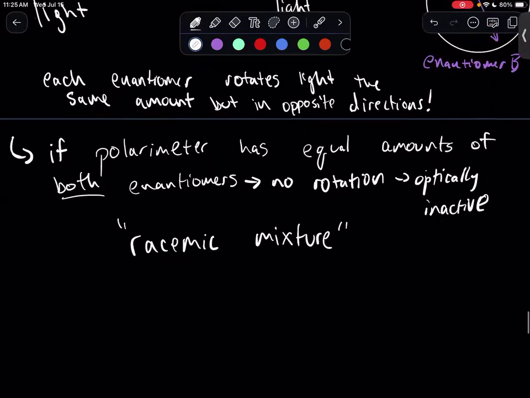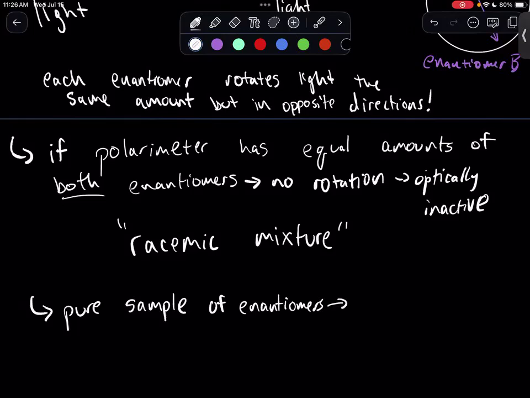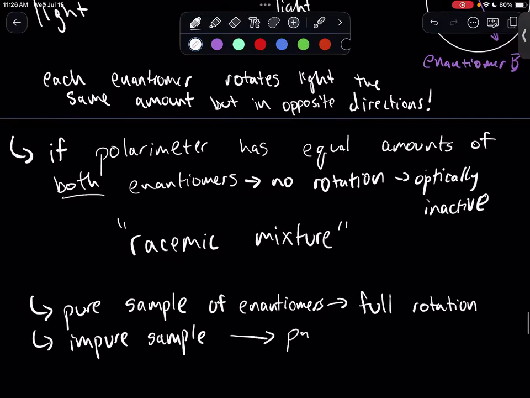Now, we can use this to actually determine purity of samples because a pure sample of an enantiomer will have a full rotation. Meanwhile, an impure sample will have a partial rotation.